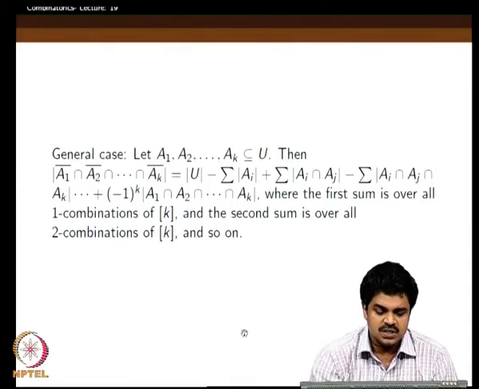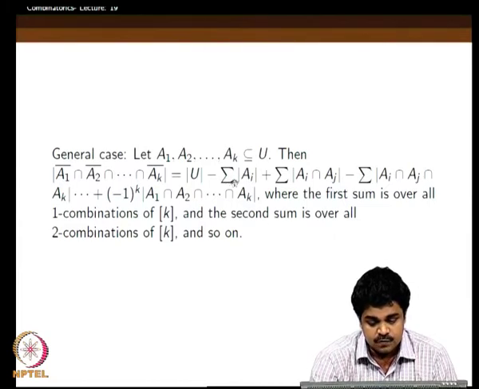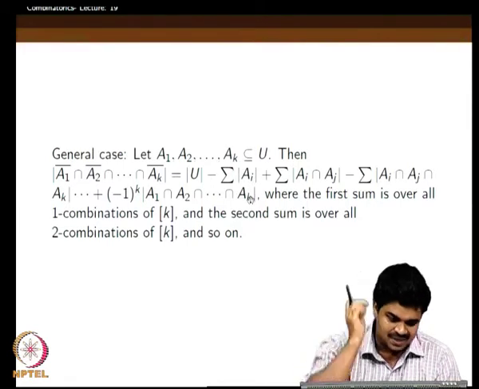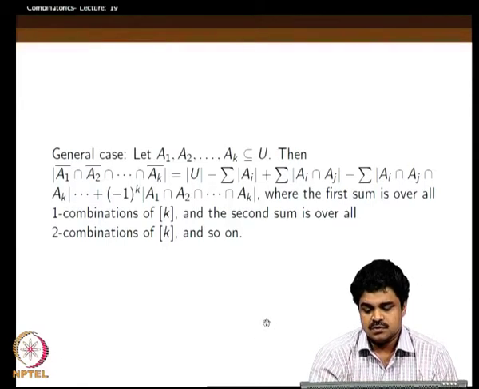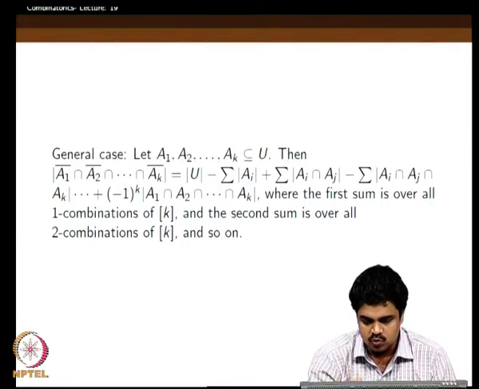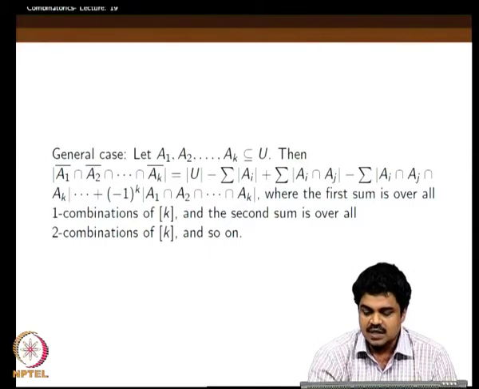Then we saw that there is U minus the sum of the cardinalities of A1 and A2, plus A1 intersection A2. And in the 3 set case, the formula had one more term, namely the last term being the intersection of all the 3 sets, which also followed the pattern.